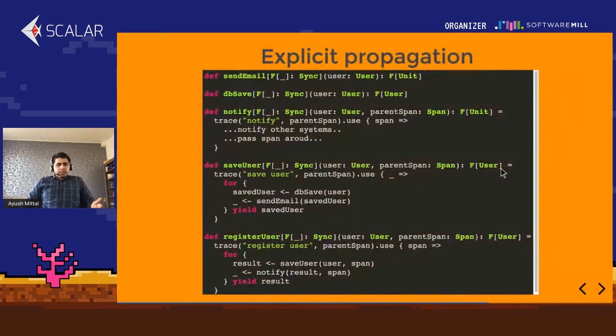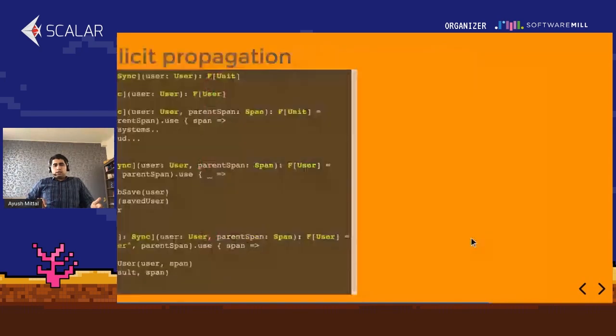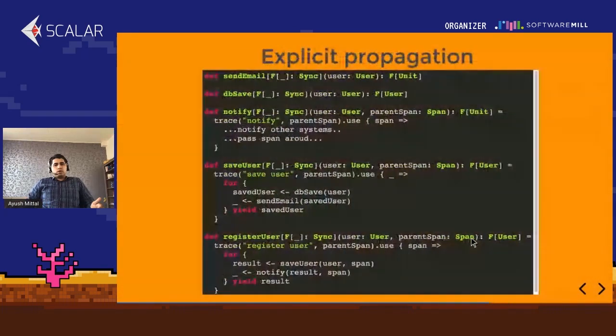It's time to use this method in our code. So here is our code, register user. Let's look at the register user method. It is calling the method trace. It is passing the name of the span that must be created.